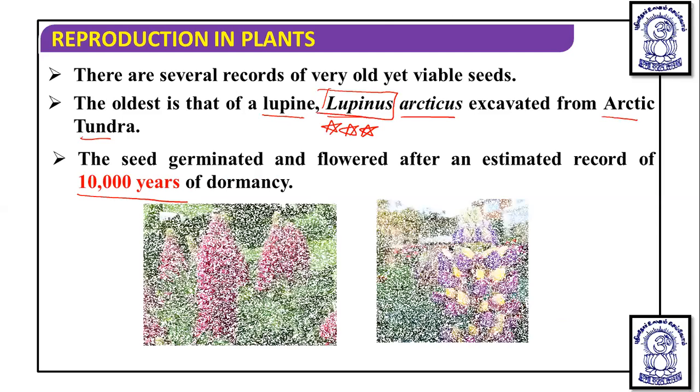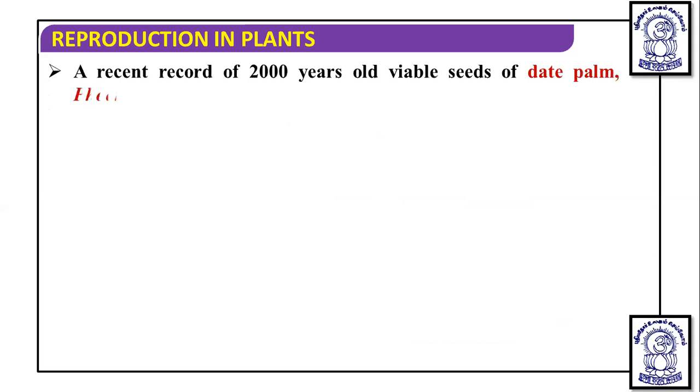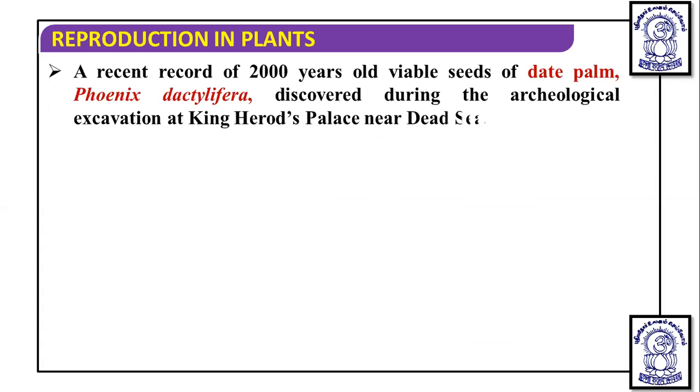Apart from that, the recent record of 2,000-year-old viable seeds has also been obtained of a date palm. This is also one more data. 10,000 years we have seen; this is another data of 2,000 years old, and that is a date palm, Phoenix dactylifera.